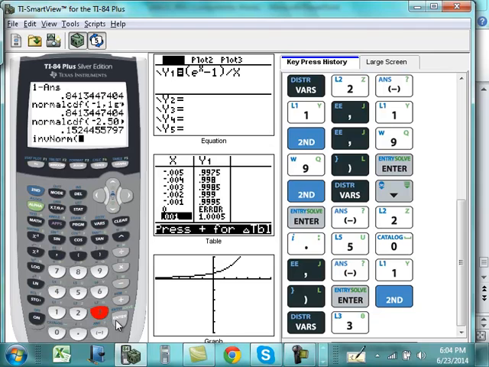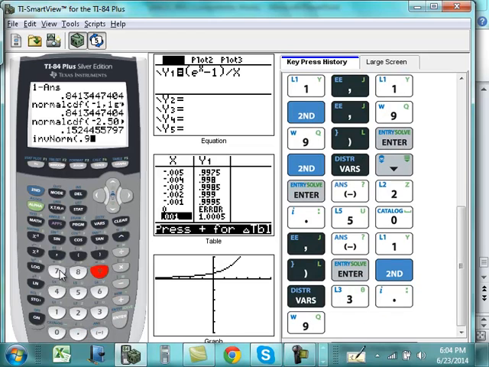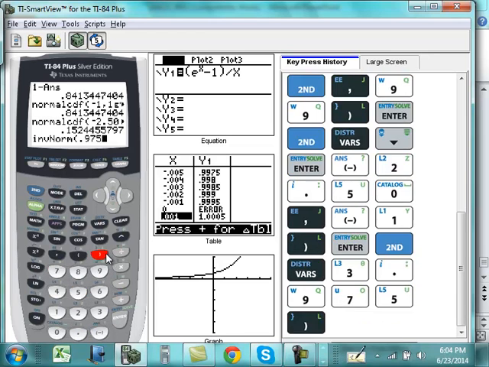So if I want to find the z-score corresponding to 0.975 area to the left, you'll notice that it comes back to be approximately 1.96.